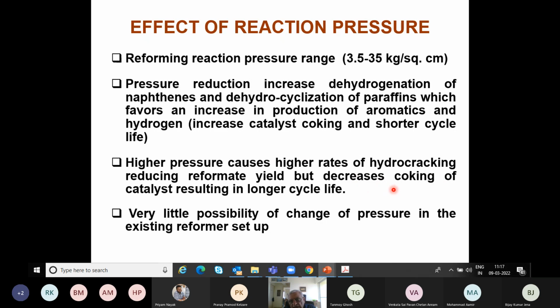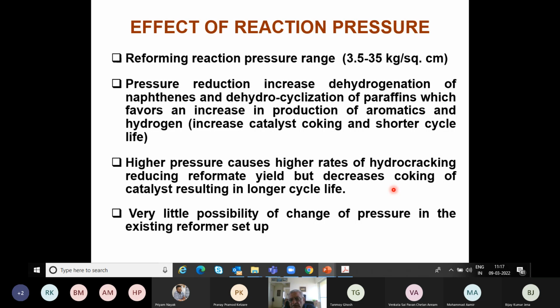Typically, if you want to have a longer cycle life before regenerating the catalyst, we should operate at a higher pressure, because not only does the hydrogen partial pressure go up, but it also helps to do hydrocracking, which reduces the coke formation on the catalyst.